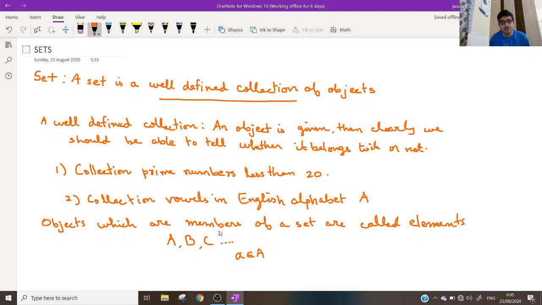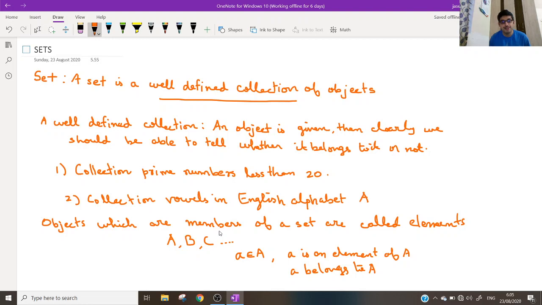We read this as a is an element of A, or a belongs to A. Whenever an object is a member of a set, we use this notation. This is the Greek letter epsilon.